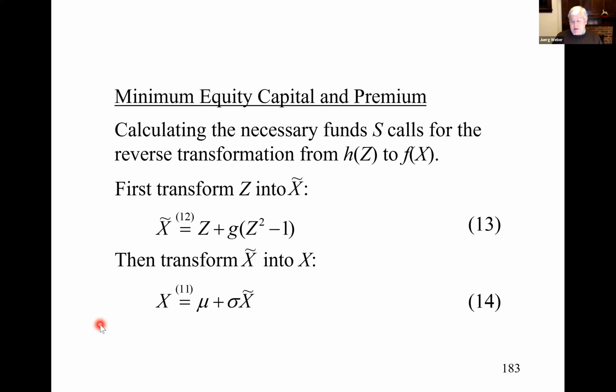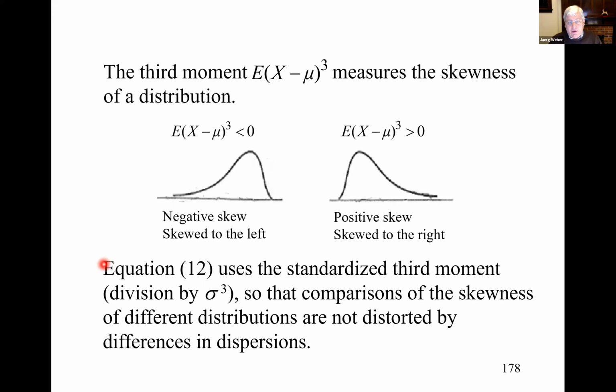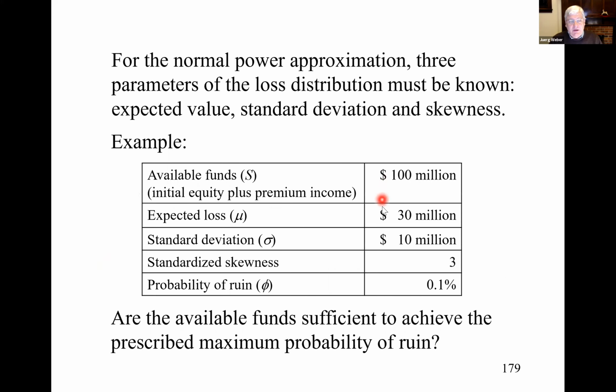So here, in the initial problem, what we were given was the capital, the expected loss, the standard deviation, the skewness, and we wanted to check whether really we get this probability of ruin. And we saw it will be actually a little bit higher. Now we are looking for the capital. The capital is not given.